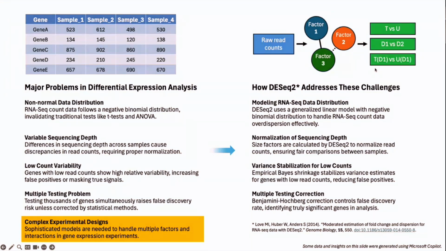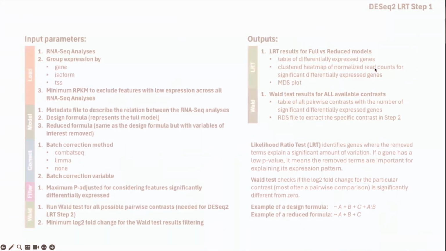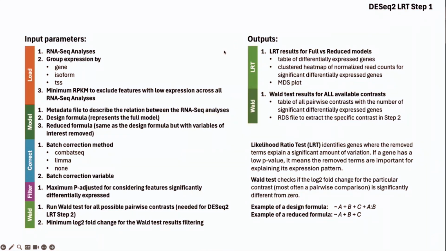Here I will first explain the inputs of the first pipeline. The main reason to have this pipeline is to run the LRT test, which will give us all of the genes that are changed due to a certain condition that we are interested in. It can be, for example, treatment, cell type, or some interaction between them.